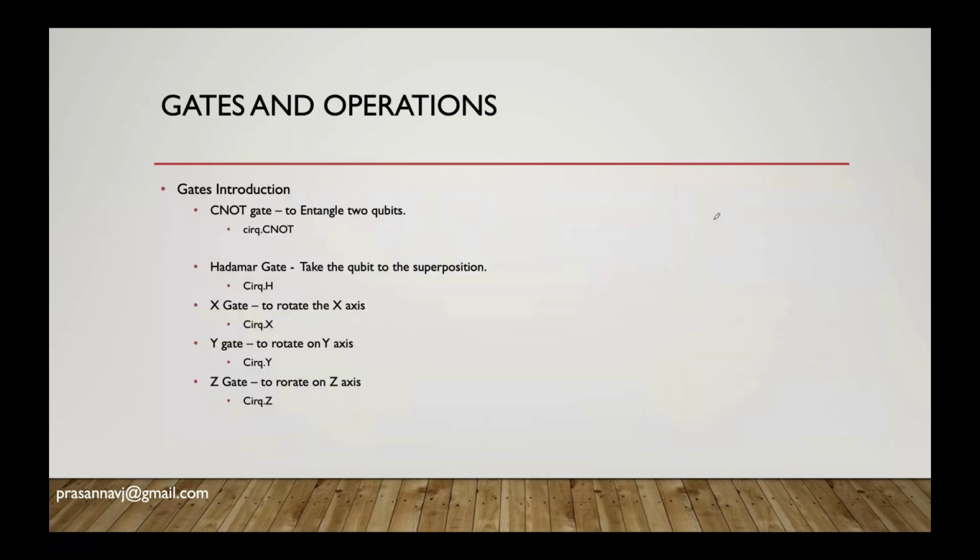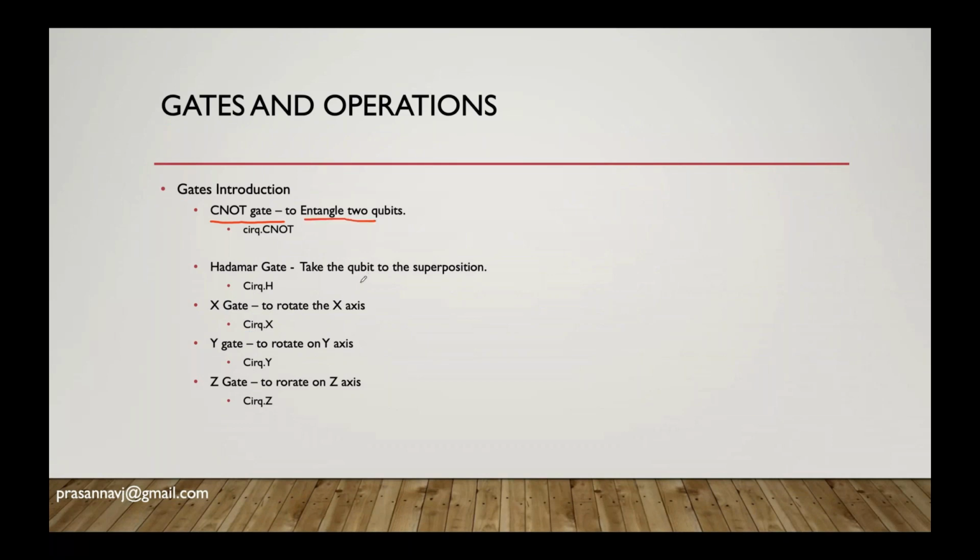Okay, now let's look at the gates. We saw a concept called entanglement. Entanglement is nothing but connecting two qubits together, so that if you read the value of one qubit, you already know the value of the other qubit. There is a gate called the CNOT gate, and this CNOT gate is able to provide the entanglement of two qubits.